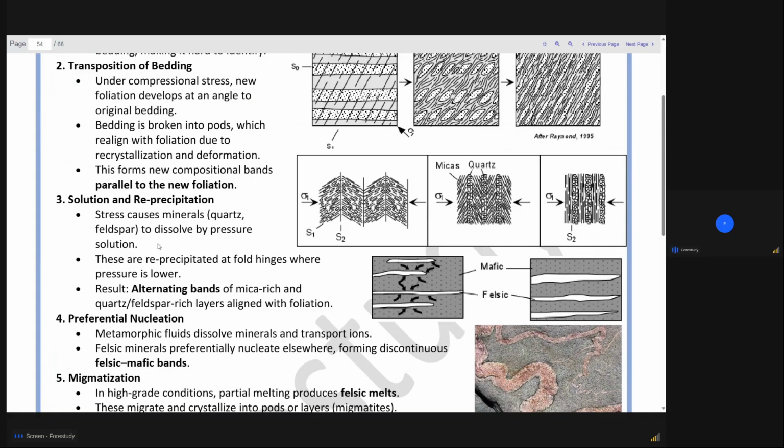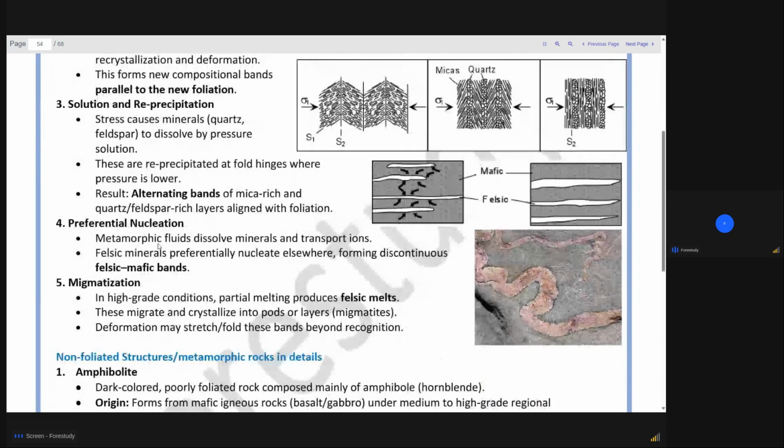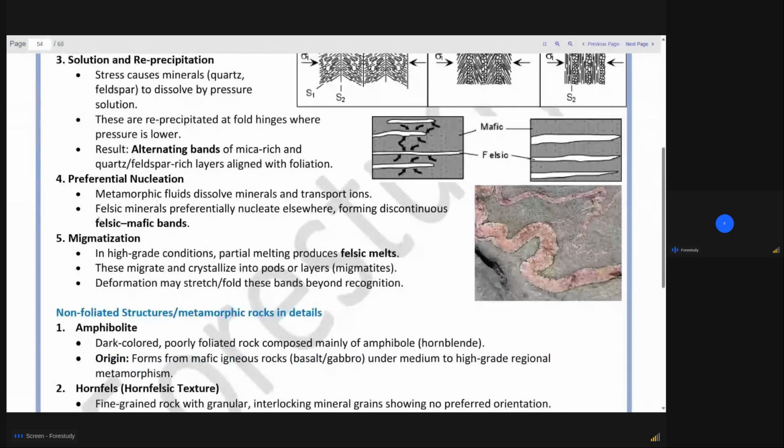Then preferred nucleation. Metamorphic fluids dissolve minerals and transport ions. Felsic minerals preferentially nucleate elsewhere, forming discontinuous felsic and mafic bands.